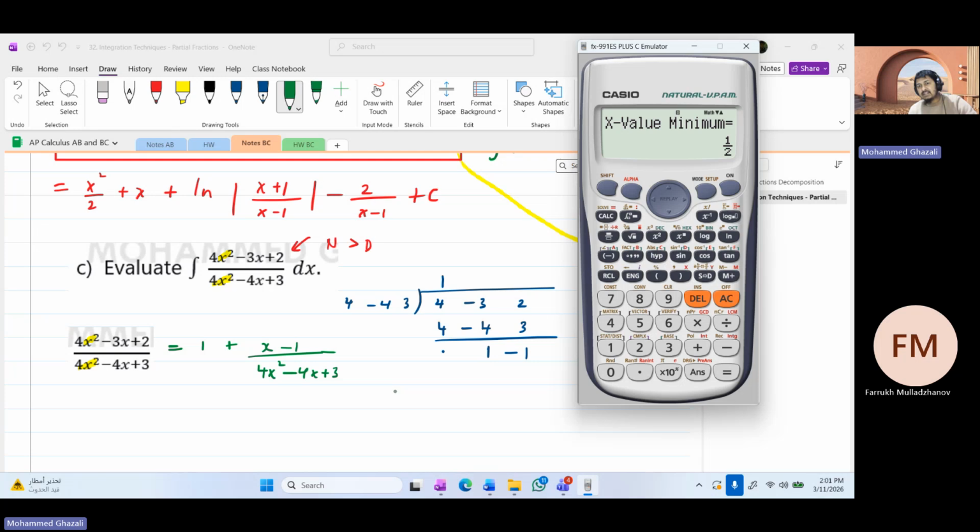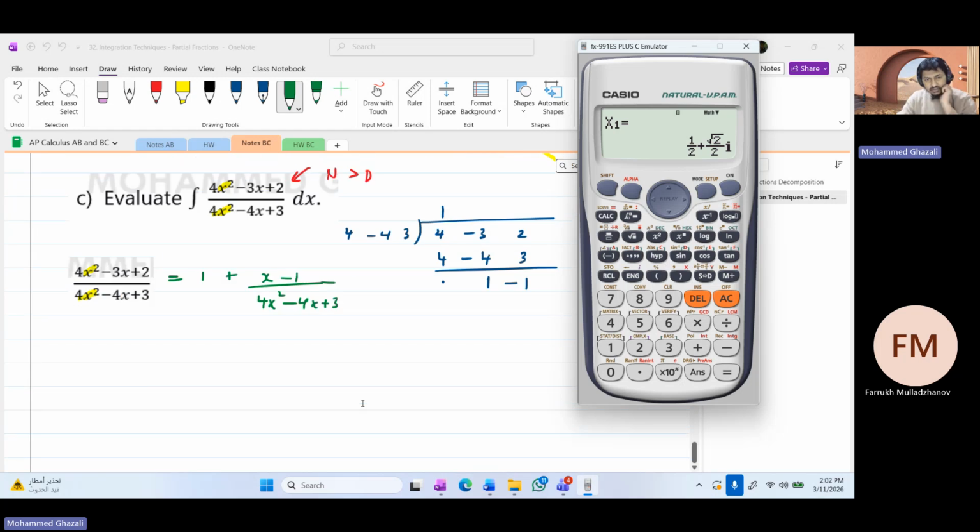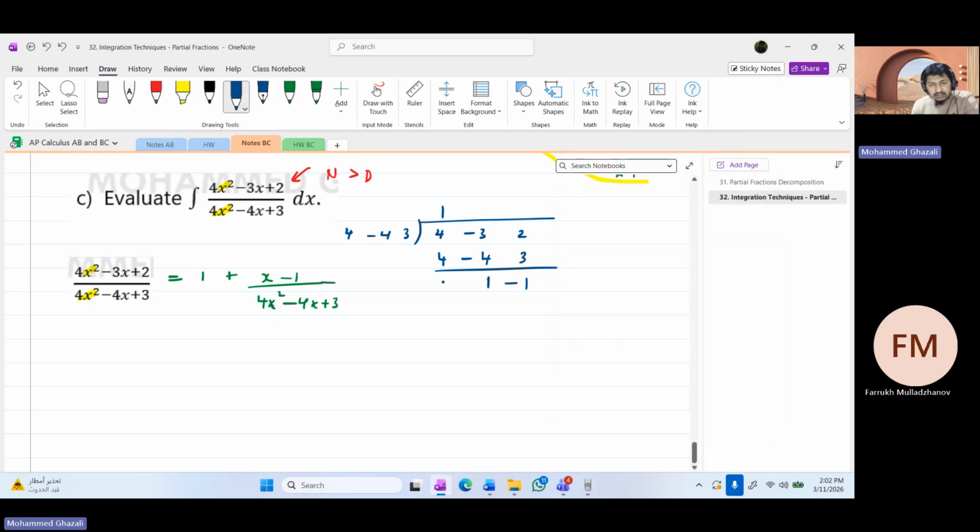Aha. So you need to complete the square because we are not getting rational roots or rational zeros. In other words, we find that b squared minus 4ac is negative. So we need to complete the square here to check what substitution to choose, right?